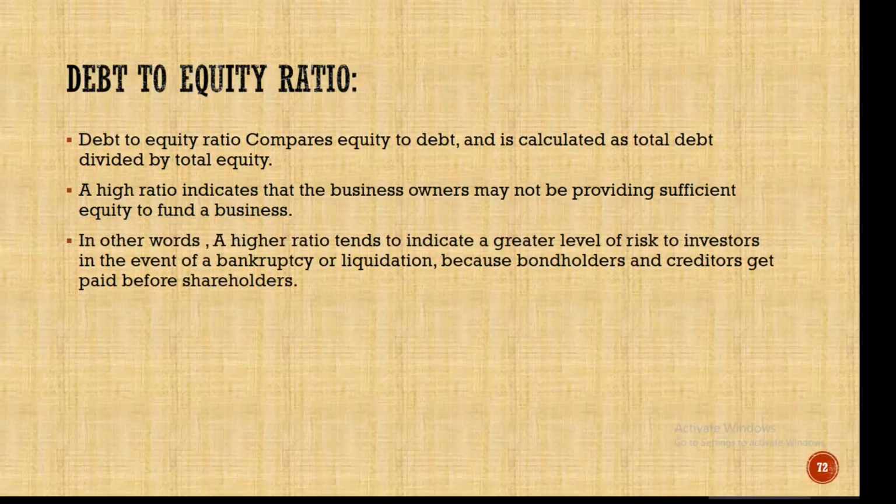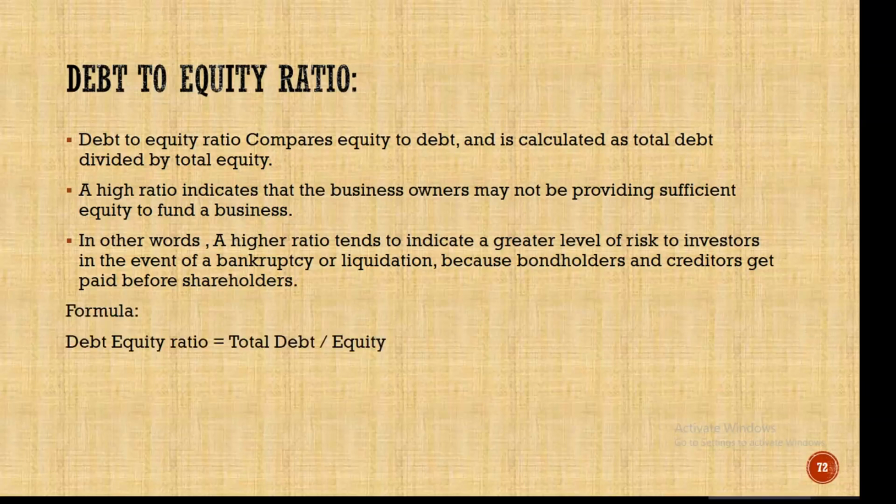In other words, a higher ratio tends to indicate a greater level of risk to investors in the event of a bankruptcy or liquidation, because bondholders and creditors get paid before shareholders.